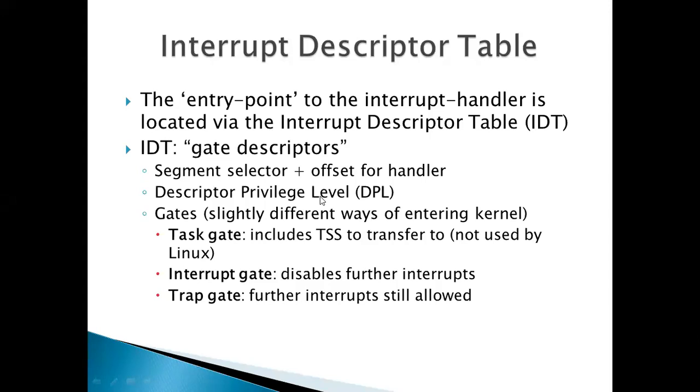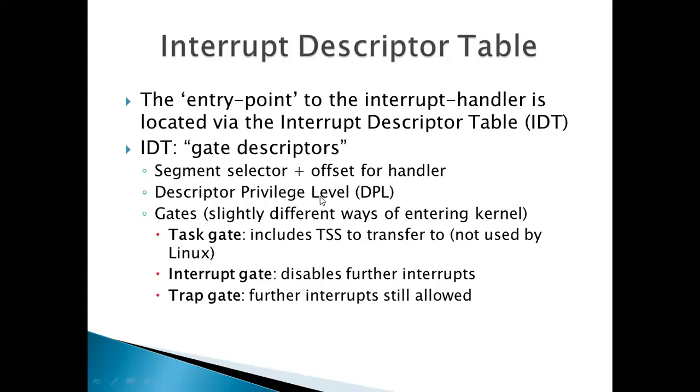Interrupt gate will disable the interrupts if they occur further, and trap gate will still allow further interrupts. So generally we have seen the terms trap gate and task gate, right?